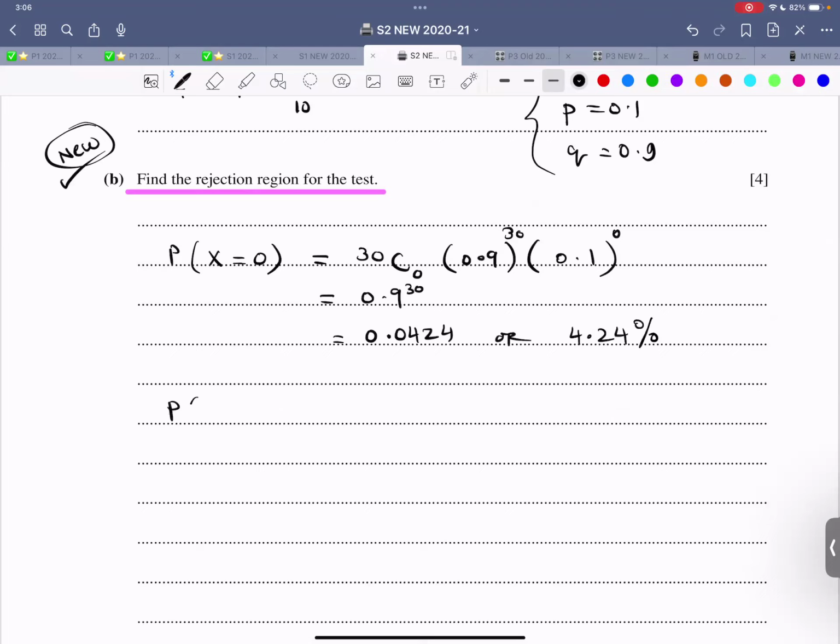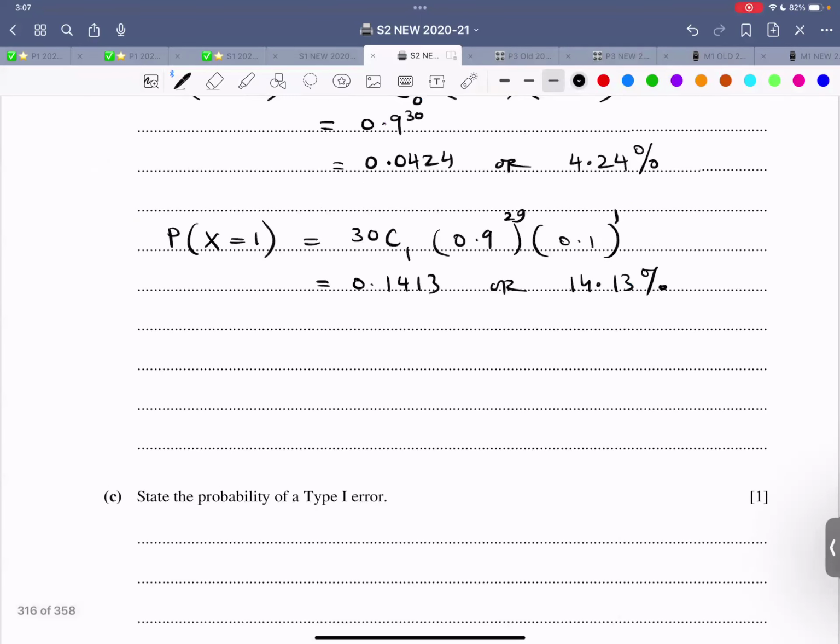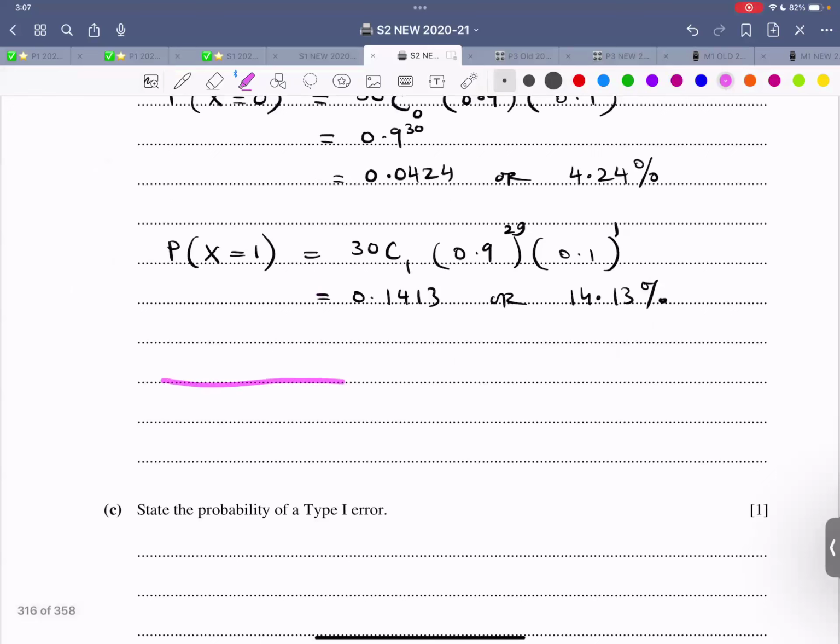Let me also calculate the probability X is equal to 1. That is 30C1, success raised to power of 1, failure raised to power of 29. And this comes out to be 0.1413 or 14.13%. Now let's draw a number line. This is 0.